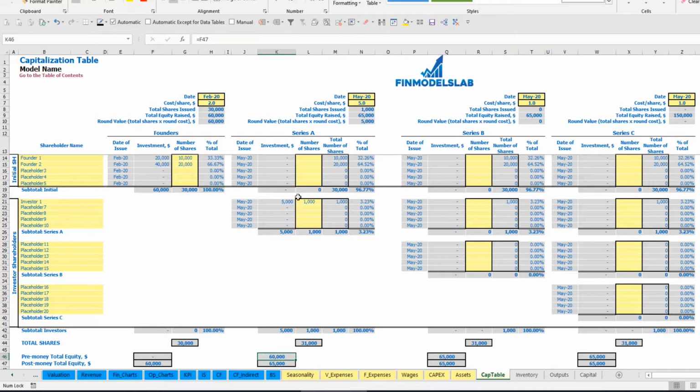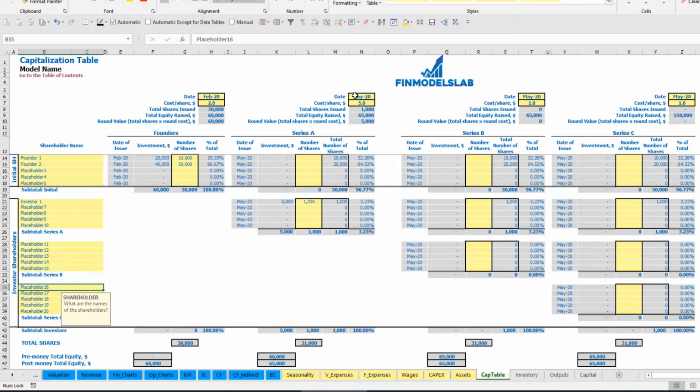You may see that before the Series A total equity was $60,000, after it is $65,000, and investor 1 will have 3.23% of shares, and the shares of founder 1 and founder 2 are also diluted, 32.26 and 46.52%. You can also input some amounts for Series B and Series C.